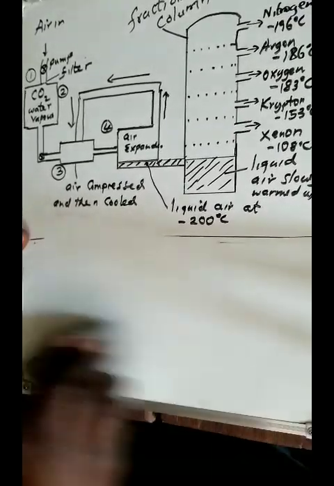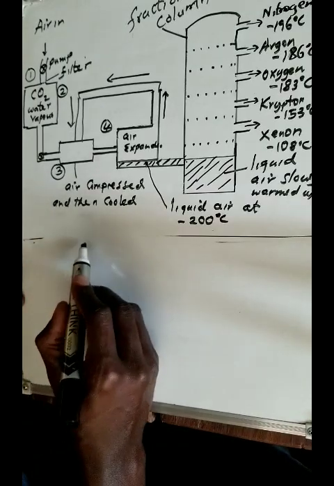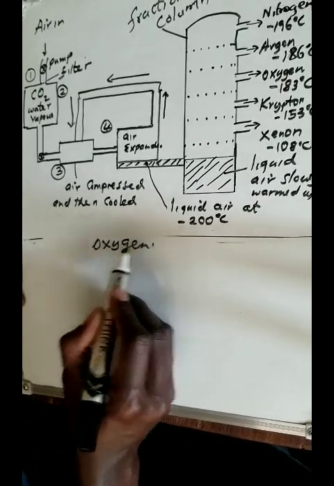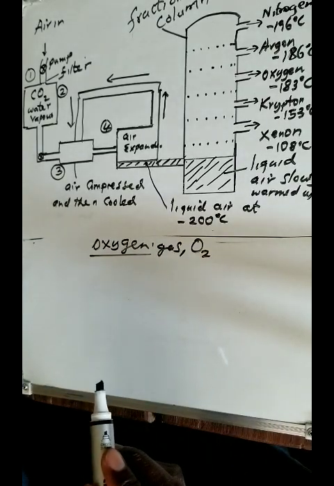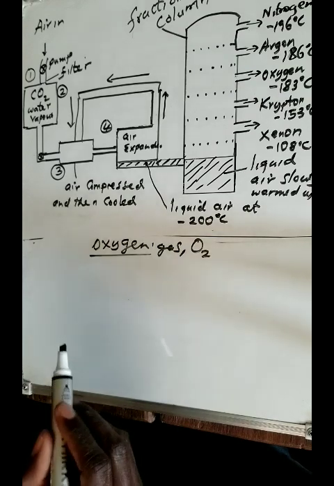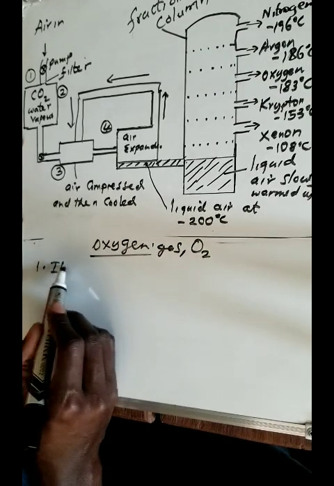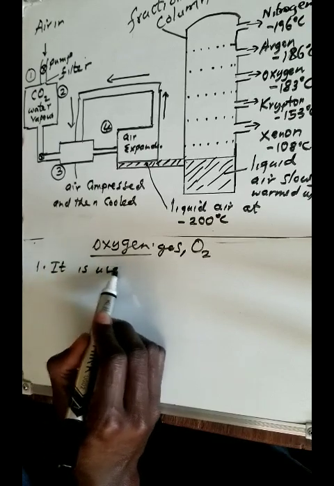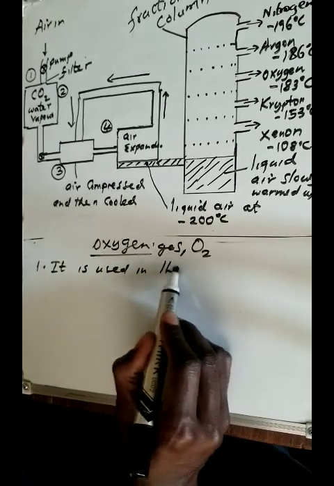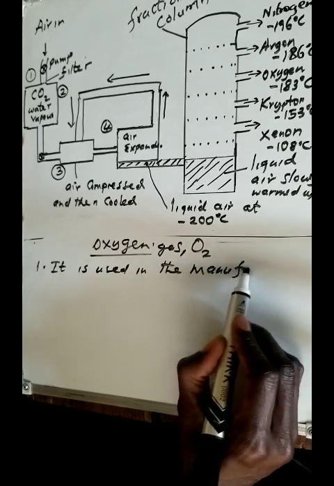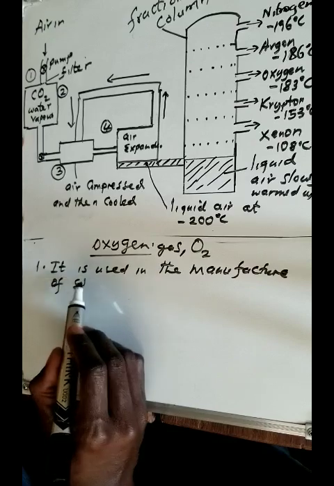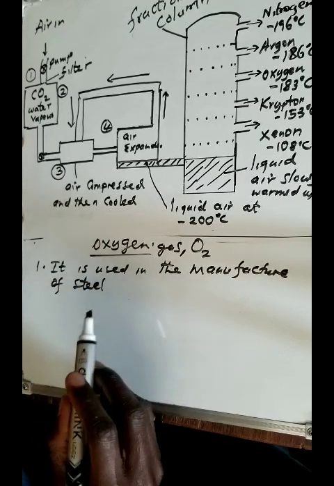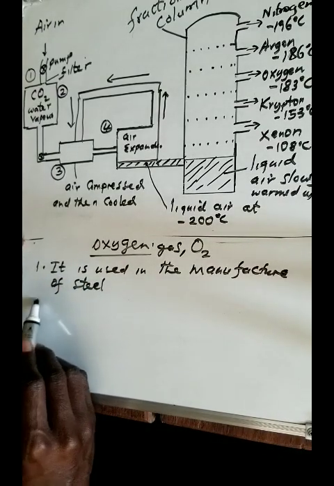All right. Another gas that we can talk about is oxygen. What are the uses of oxygen gas? There are so many uses, so I'm just going to give you a few. Number one, it is used in the manufacture of steel, when it is produced from the blast furnace.